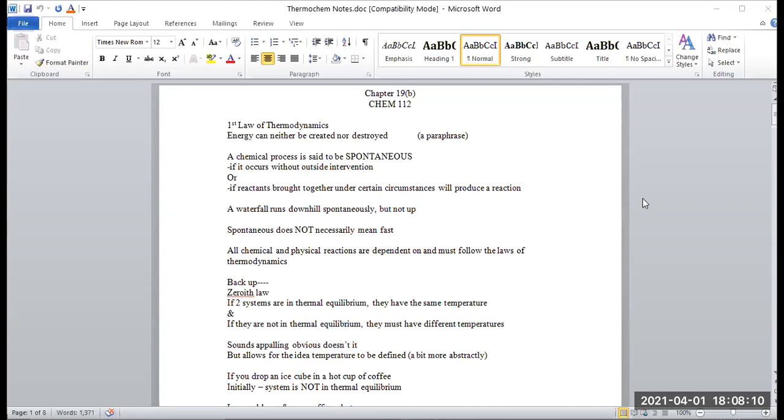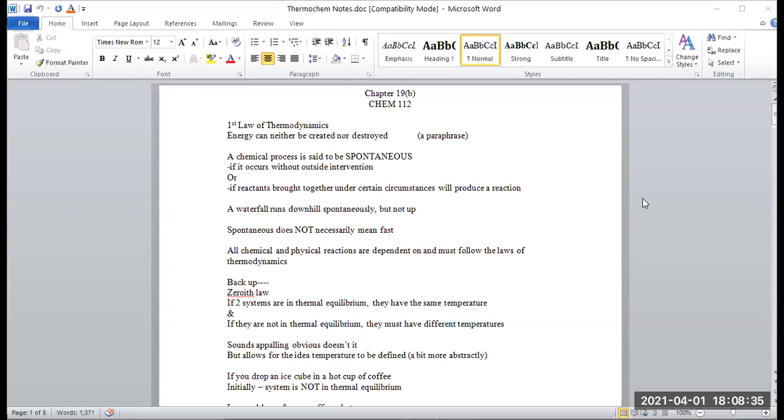For chemistry and physics, it is something that occurs without outside intervention. You don't really need anything to make it go. At most, you might have to pour two things together.